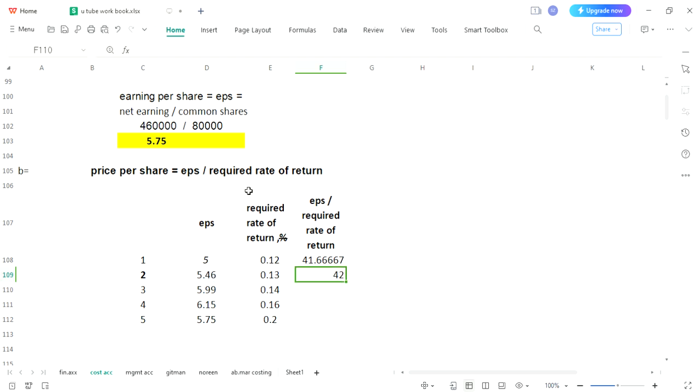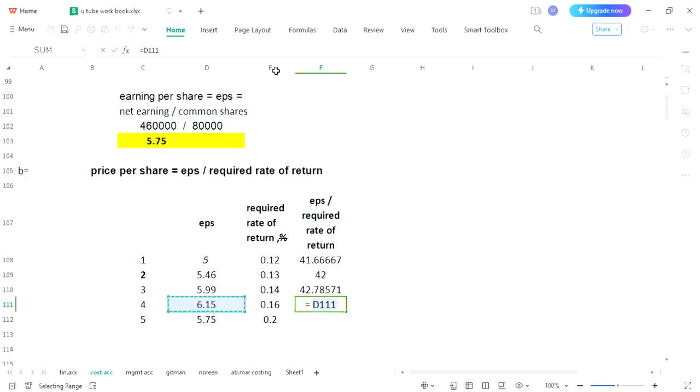For the third, we have EPS 5.99, divided by required rate 0.14. For the fourth, EPS was 6.15, divided by 16%. For the fifth, EPS was 5.75 and we have required rate of return 20%. So these are prices per share.